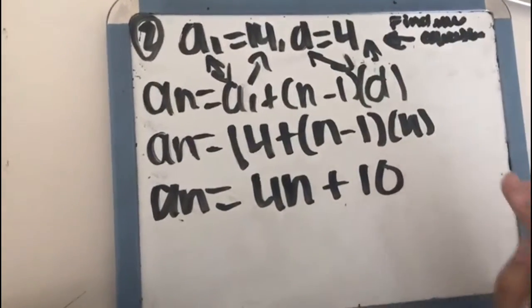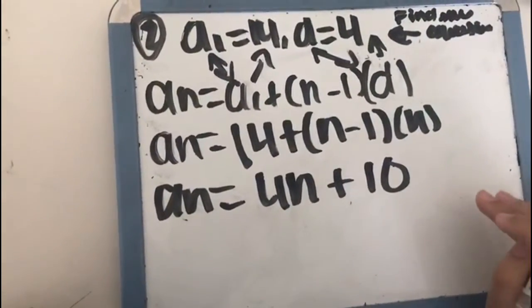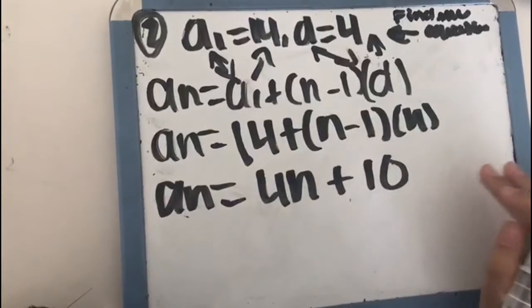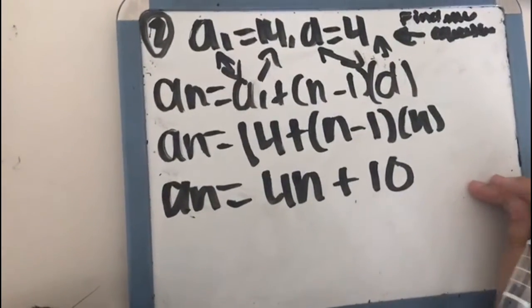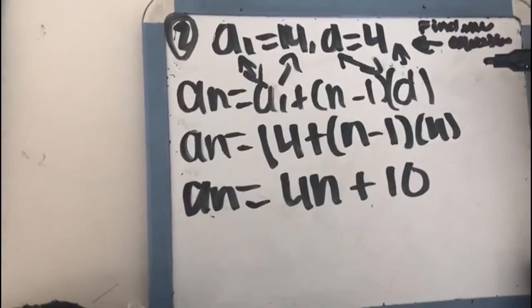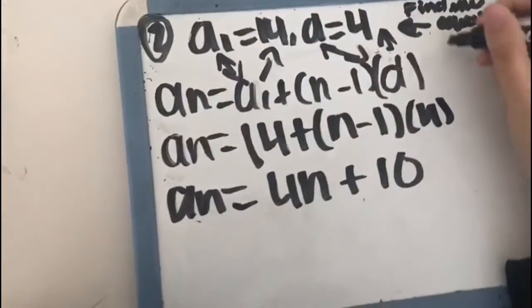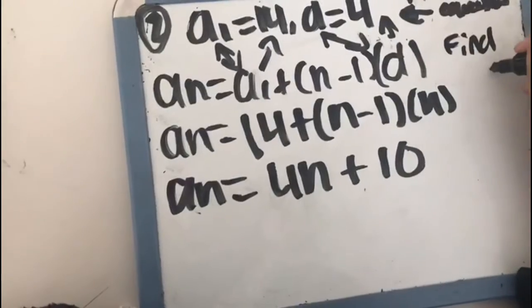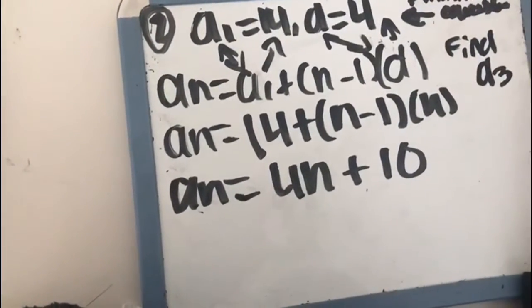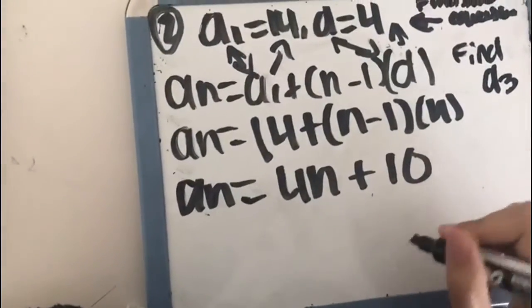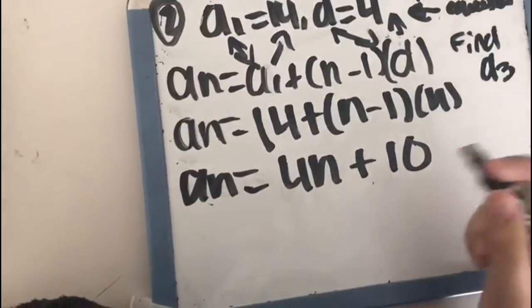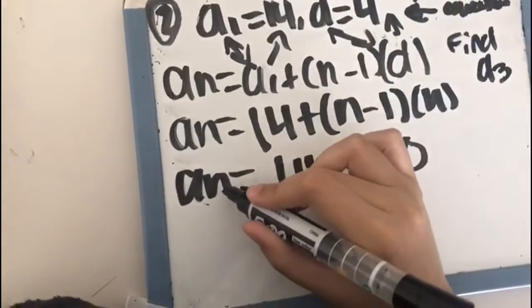Now, I mentioned that I will give you an example of what to do when a problem says find A3. Example, if it says find A3, in order to find A3, you're gonna have to replace n right here.